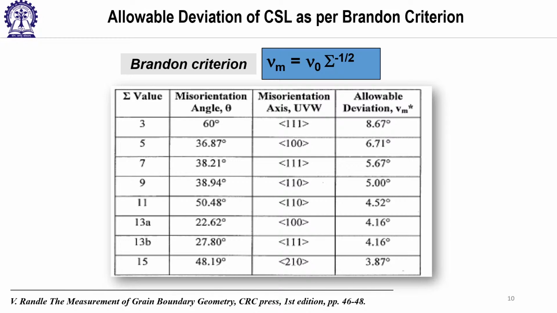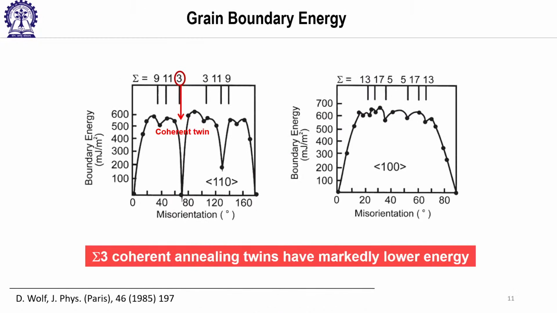Okay. So now, once the basic theories are known to us, let us move to the boundary energy, because ultimately we are interested in the properties, and if I want to understand the properties, we have to understand the grain boundary energy dependence on the CSL boundaries. As you can see, when I have a CSL boundary like sigma 3, sigma 11, sigma 9 or sigma 5, they have lower energy.